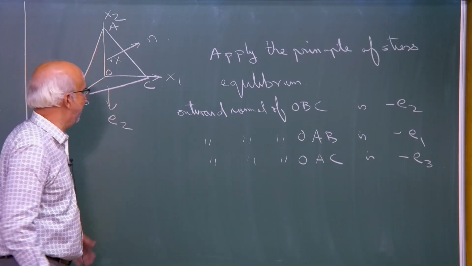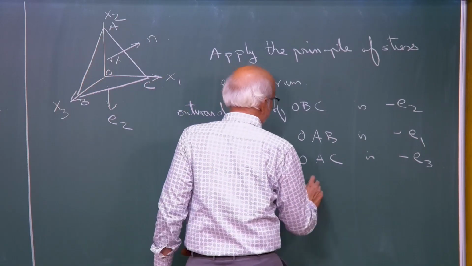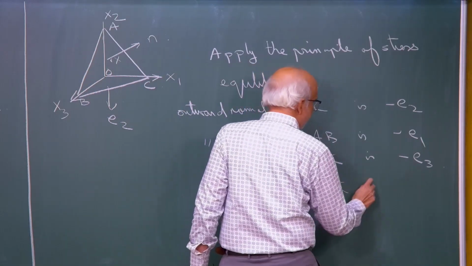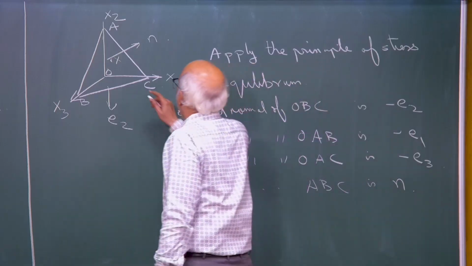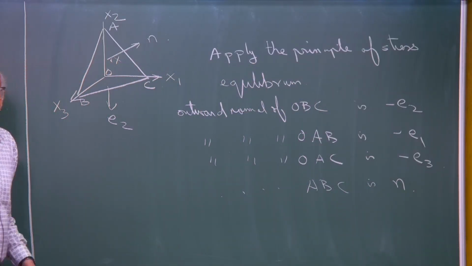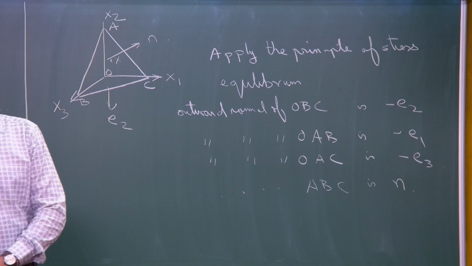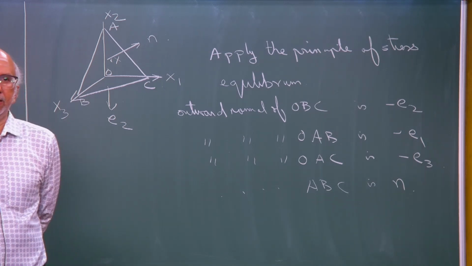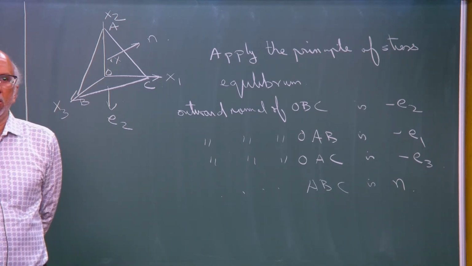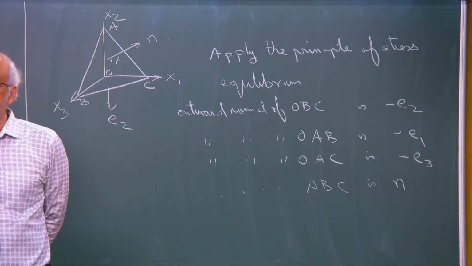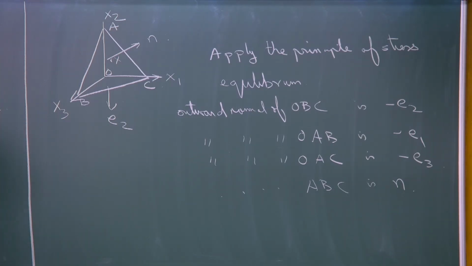And what about ABC? The outward normal of ABC is n, because it is some arbitrary thing. What I want to show is that the stress vector acting on ABC actually depends upon n, the surface. That is the idea.